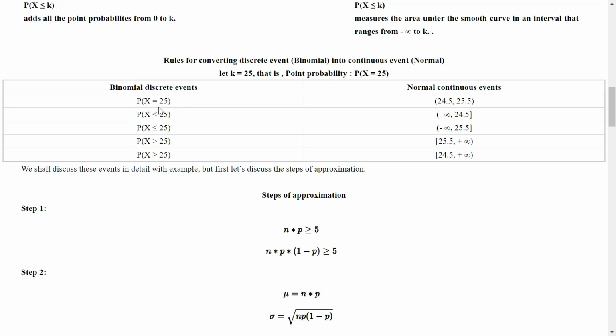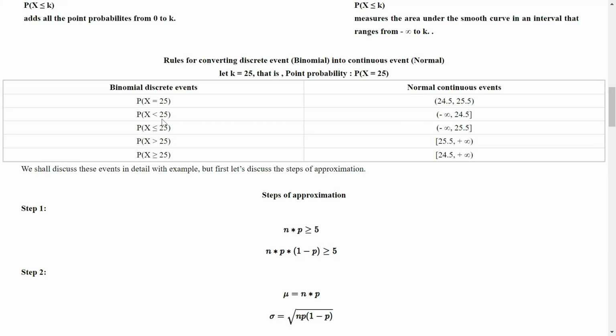First, the point probability at x equal to 25 in the binomial distribution is approximated by the measure of area under the smooth normal curve within the open interval that ranges from 24.5 to 25.5.